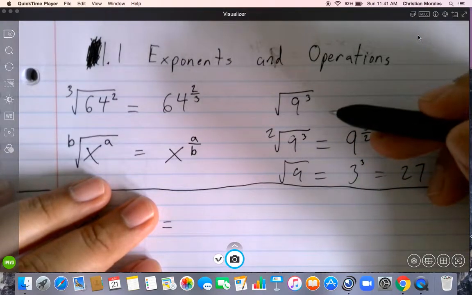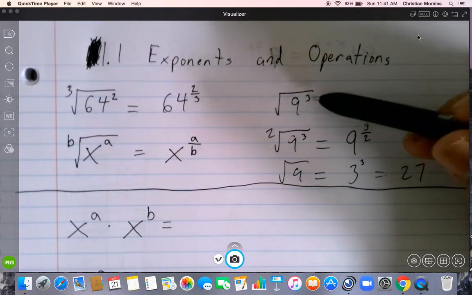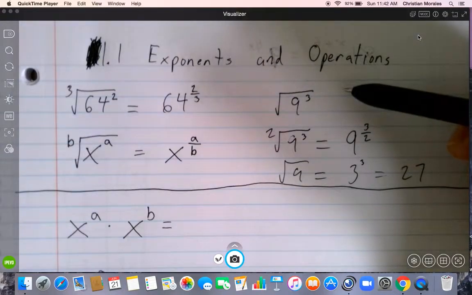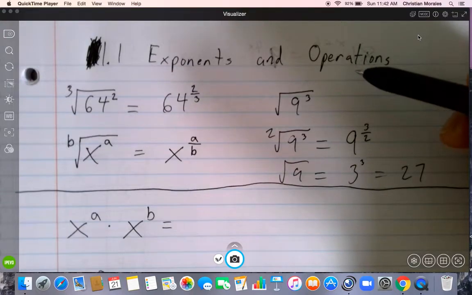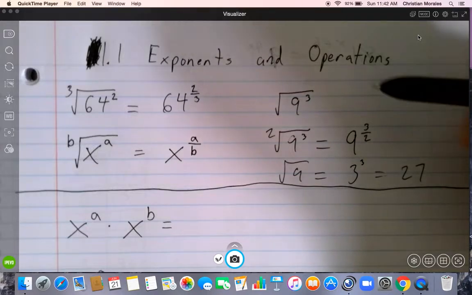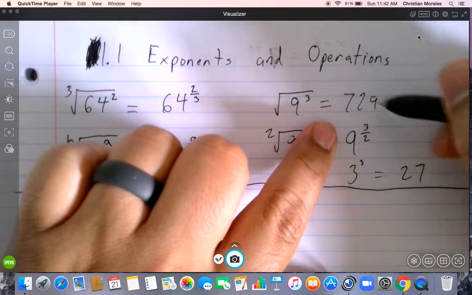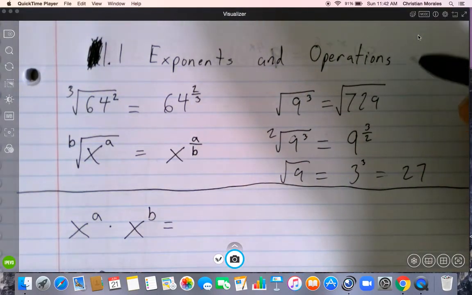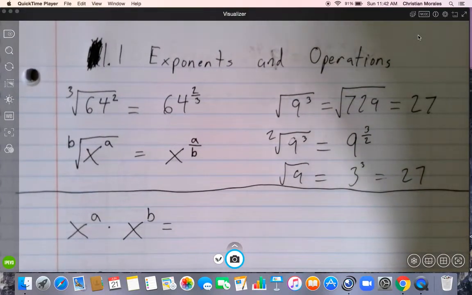Another way to do that is you can take it to the third power first. So you can do 9 times 9 times 9. Then you can put that inside of the problem. So for example, let's just say we did that. We did 9 times 9 times 9. If we did 9 times 9 times 9, you would get 729. But if you take the square root of that, guess what you still get? 27.